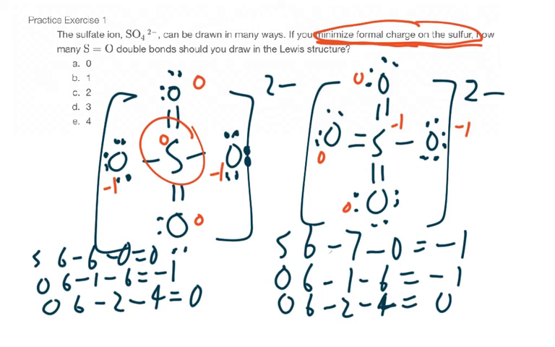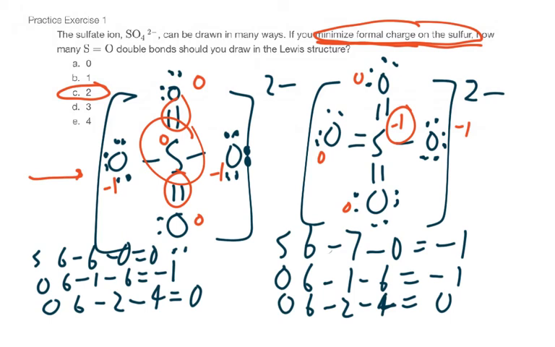We got it to be a 0. So they want to know how many double bonds should you draw. Notice that this structure right over here, we had 2 double bonds between the sulfur and the oxygen. So choice C would be the best one. Once we put a 3rd double bond, it goes back to -1. If we put a 4th double bond, it'll be at -2. And the question wants to minimize formal charge.